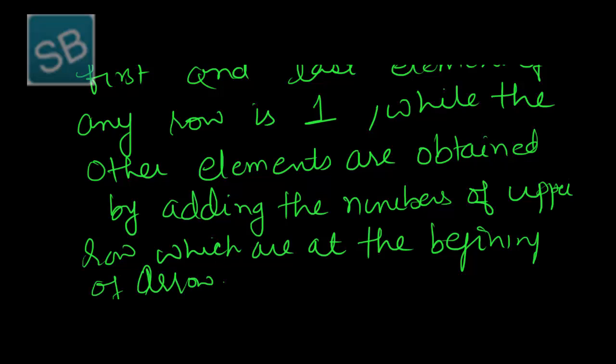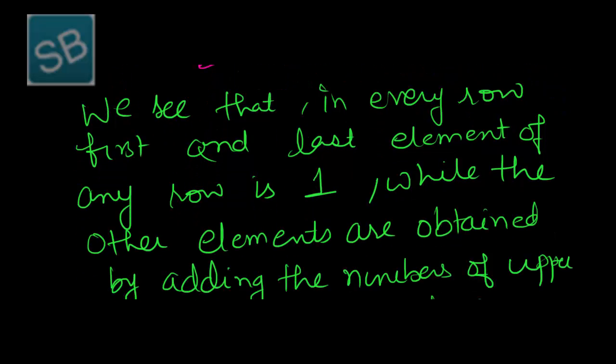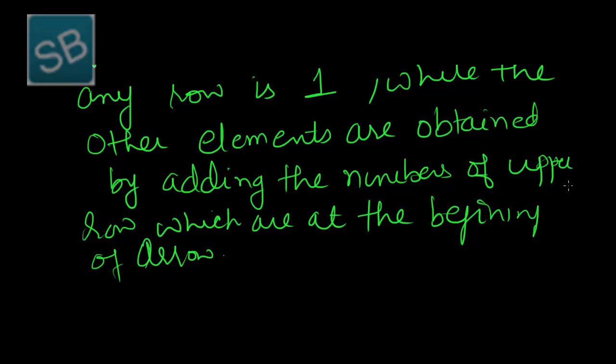That is, the first and last element is 1 and the other elements are obtained by adding the upper elements which are at the beginning of the arrow to get the new coefficient of the next index. It was all about the Pascal triangle.